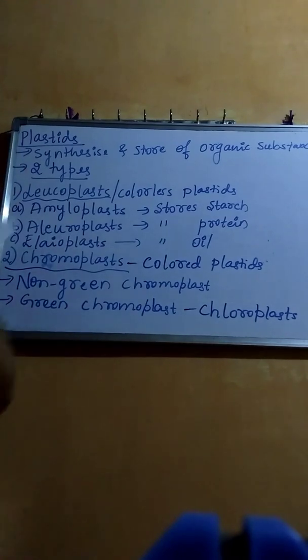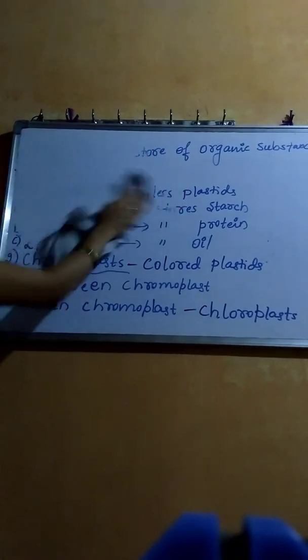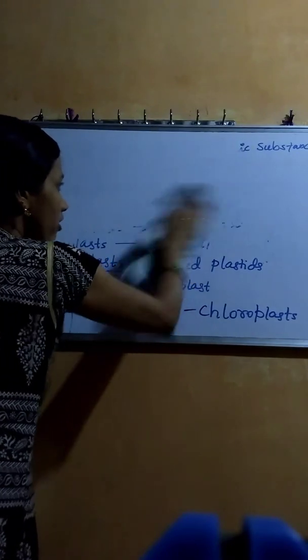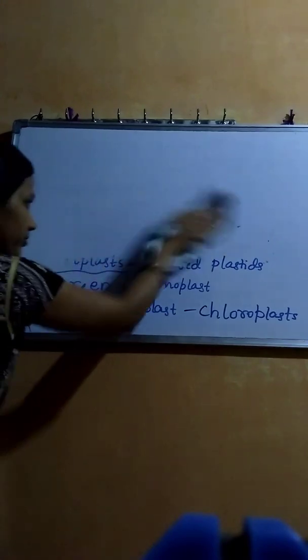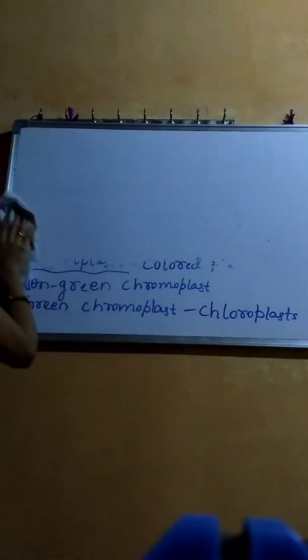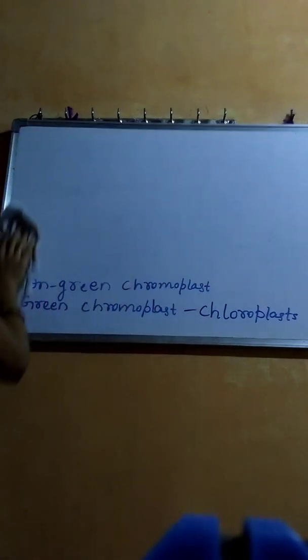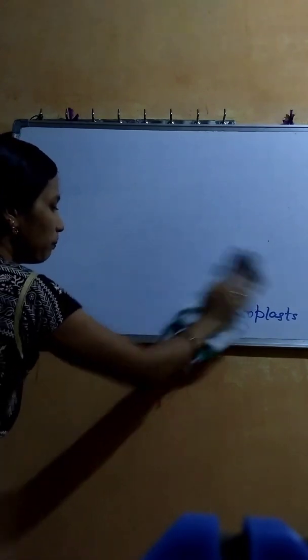Now let us discuss the structure and functions of chloroplast. The name itself indicates they are green in color, and that green color is mainly due to the presence of a pigment called chlorophyll.